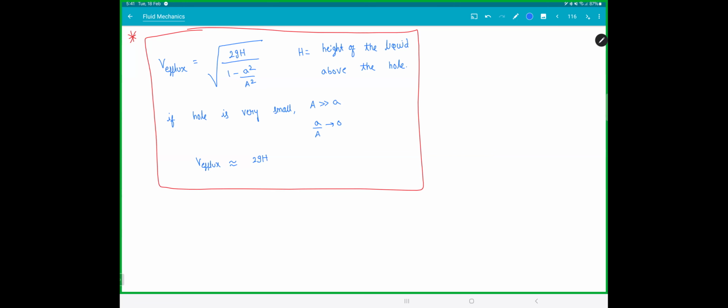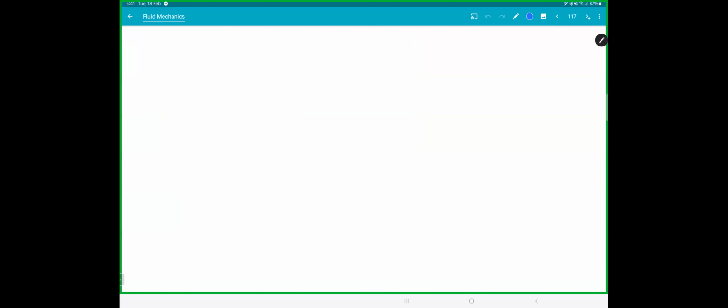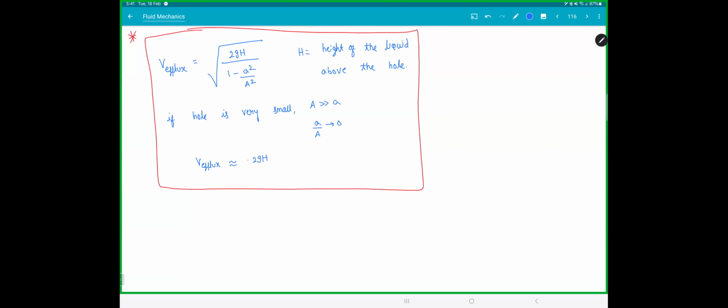Now, the variations. Literally, each variation of whatever I'm showing you now will be literally a question. It would be, yeah, root 2gh. I forgot a root.